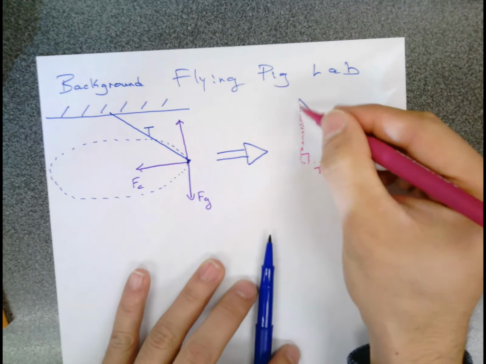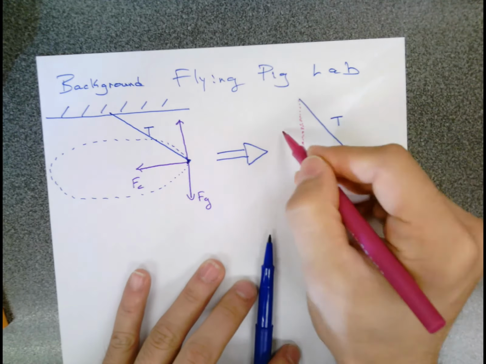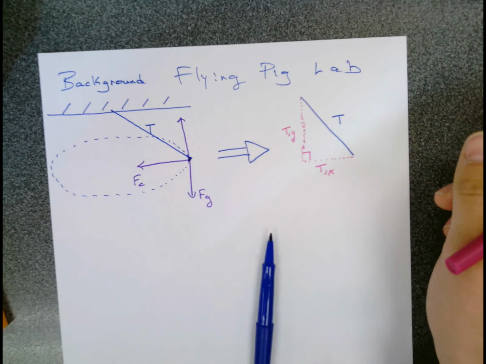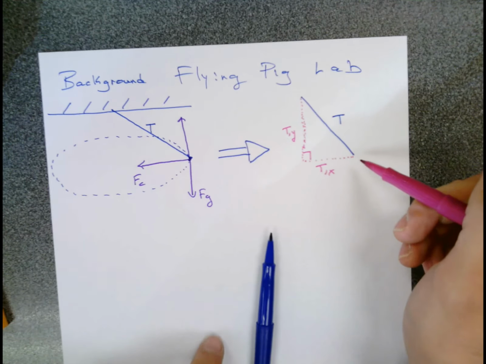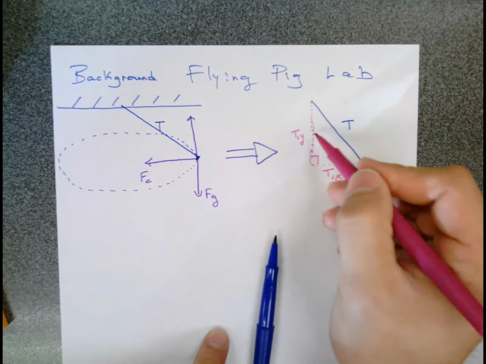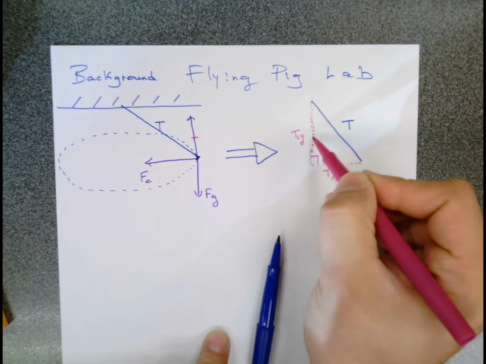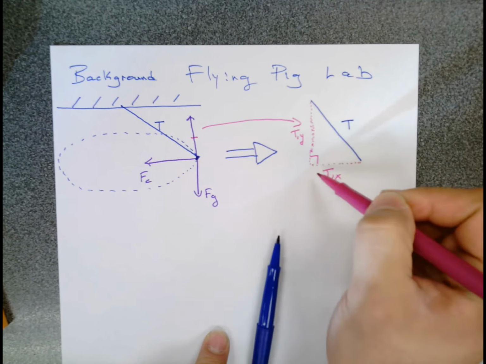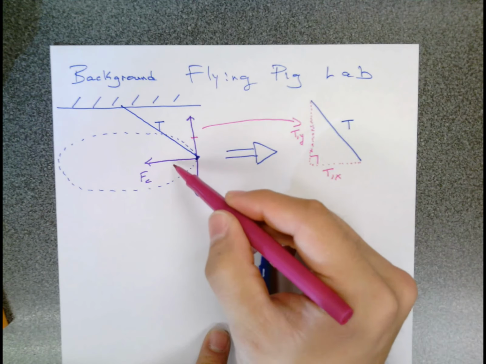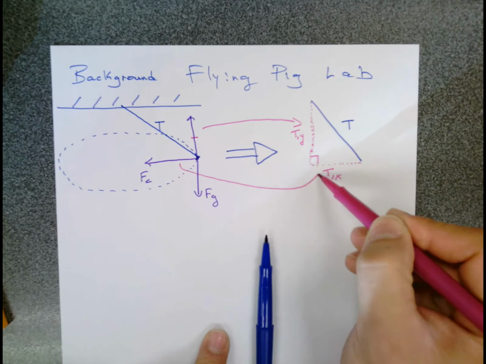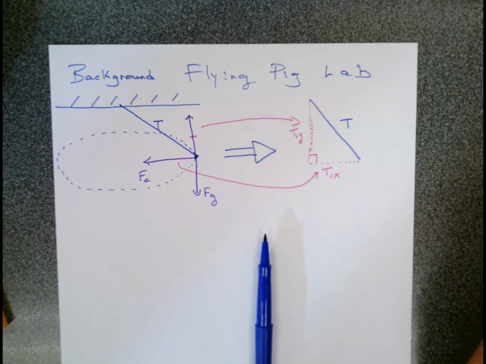We're going to break down the vertical part and call that T in the Y direction. If we look at the diagram we have here, we know that this T in the Y direction goes for this vertical component of the triangle, and this centripetal acceleration going towards the center of the circle will represent the tension going in the horizontal component.